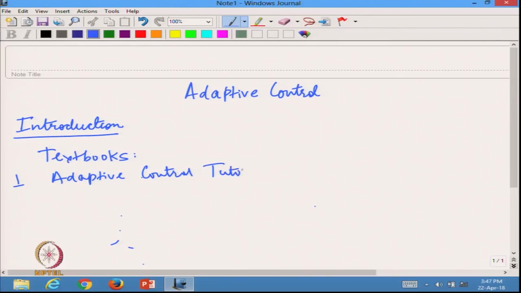Adaptive Control Tutorial by Ioannou and Fidan.